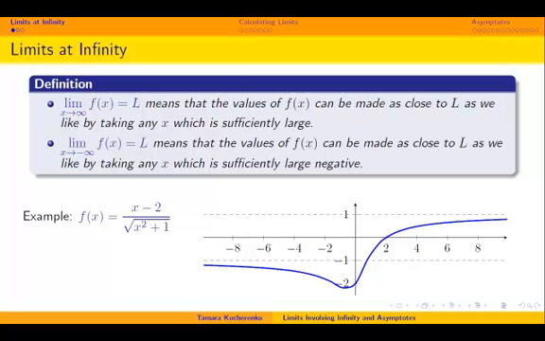It appears that the limit at infinity of f of x exists and equals 1. On the other side, for large negative x, the graph appears to converge to negative 1. So we conjecture that the limit of f of x when x approaches negative infinity exists and equals negative 1.